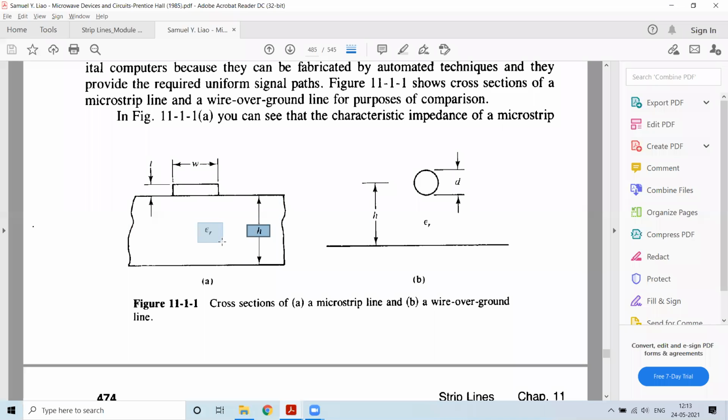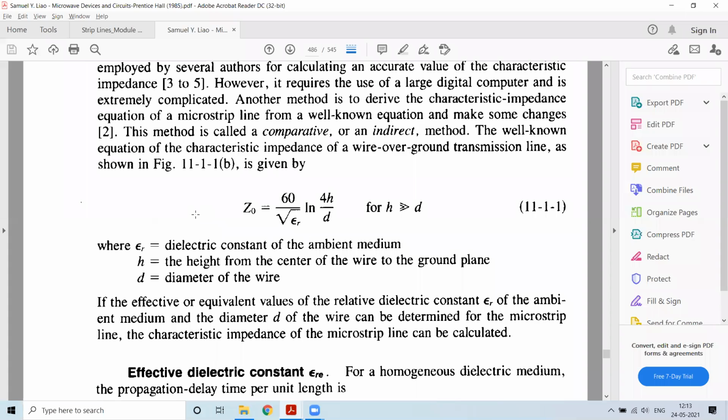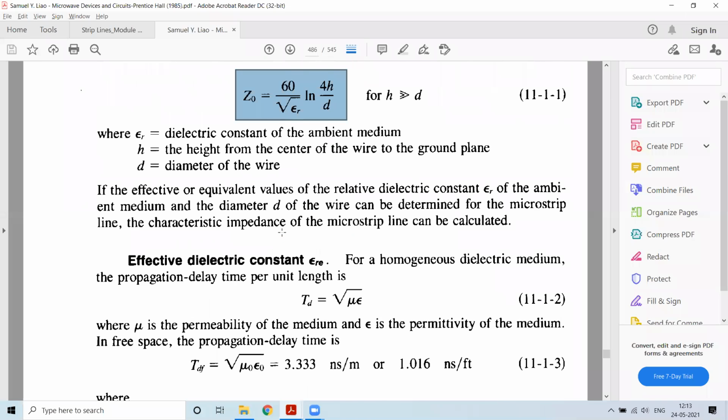Epsilon r, I have to check out and replace it with the appropriate value. Then apart from that, this d parameter is for the circular wire. I have to try to get a replacement in terms of t and w. So this is what we have to look out for. So this is the Z naught value, that is the intrinsic impedance for the wire over the ground transmission line.